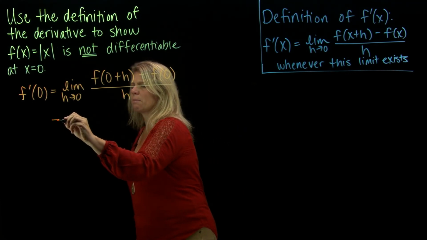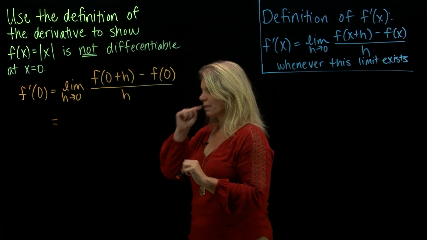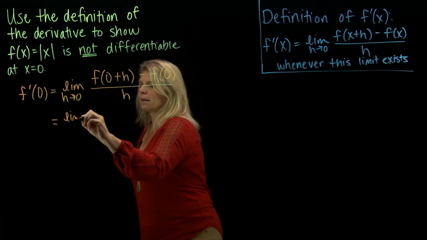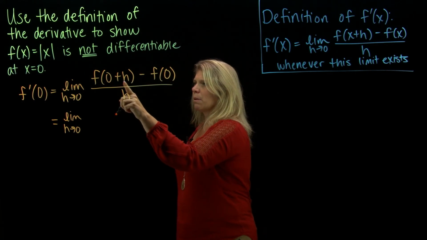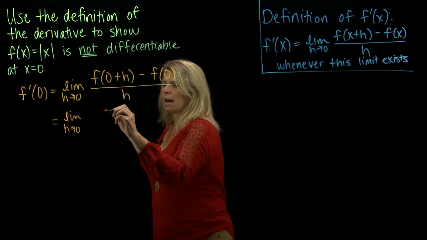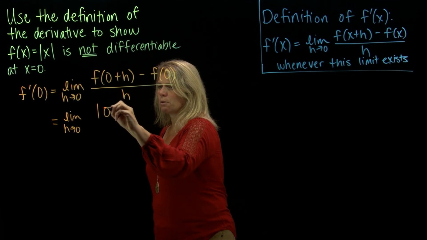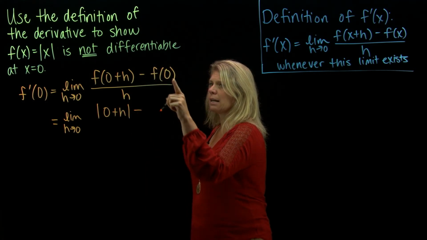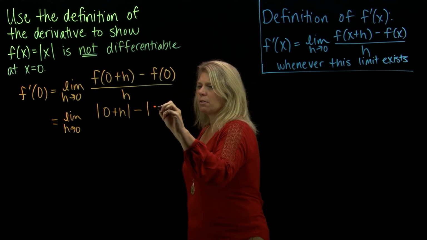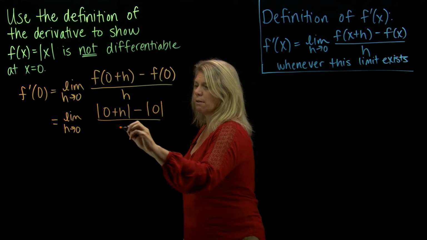All right, and we're going to plug into this specific function. So I still have the limit as h approaches 0. And then when I put 0 plus h into the function, I will have the absolute value of 0 plus h, or you could just simplify that to be absolute value of h. We'll do that in a second. And then minus the absolute value of 0, which is just 0.